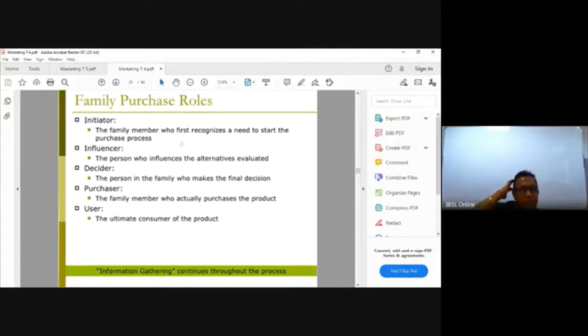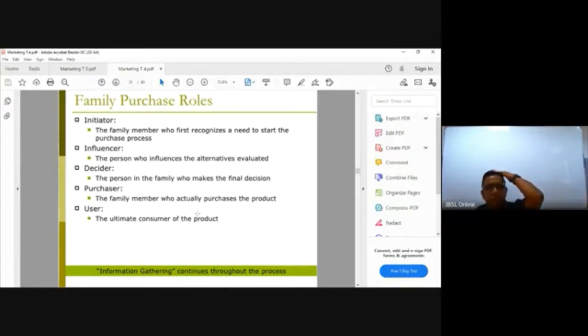Then the decider is ultimately the person in the family who makes the decision, maybe the father, the chief of the household, who will decide to buy a particular product or brand. The purchaser may be the same person, the family member who actually purchases the product.